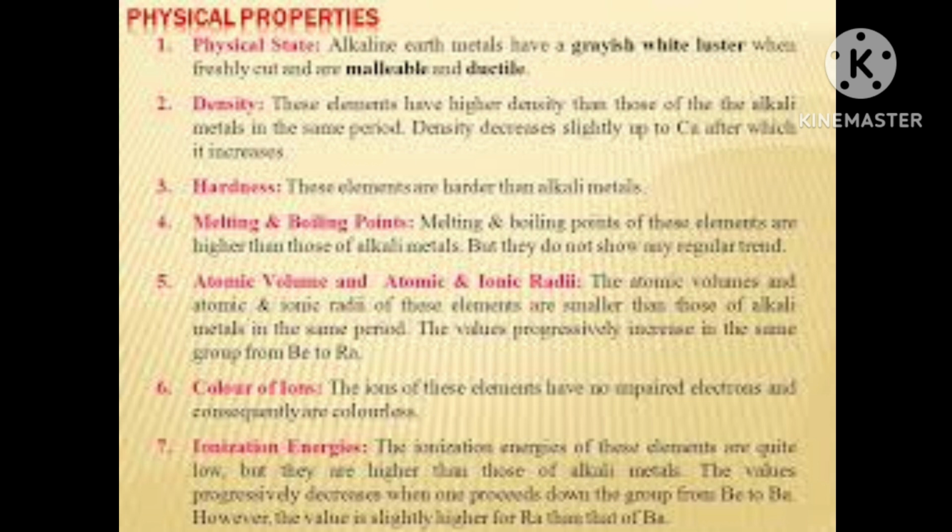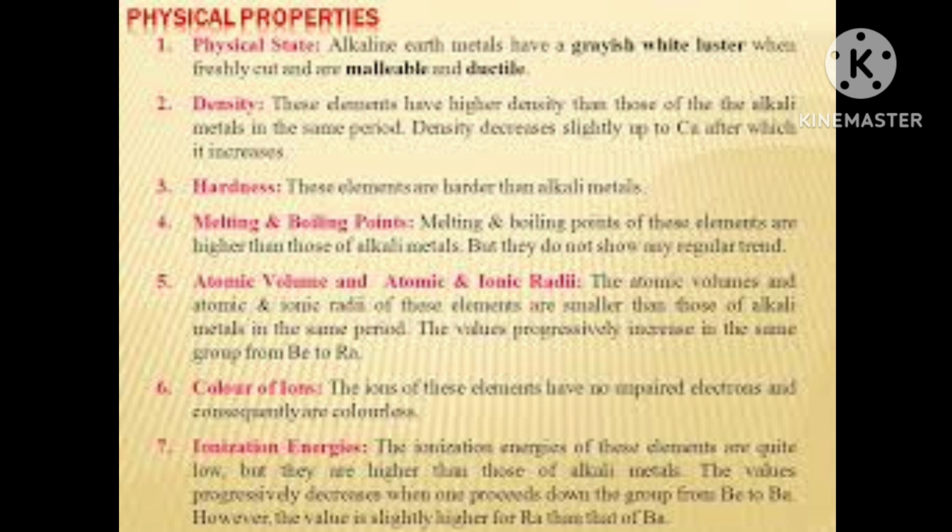Then I am talking about the value in ppm. ppm means parts per million and ppb means parts per billion. Then here I am telling the value in ppm.